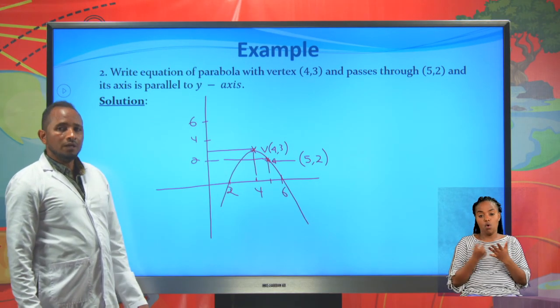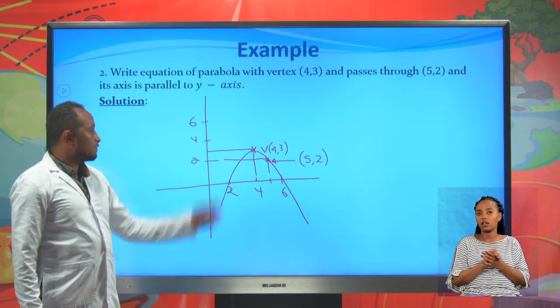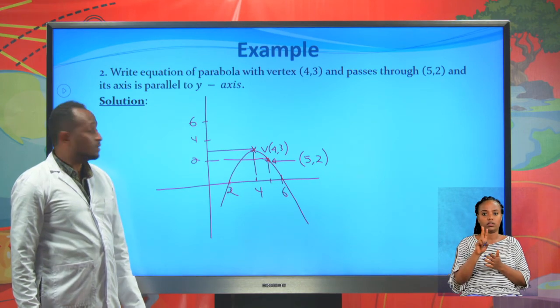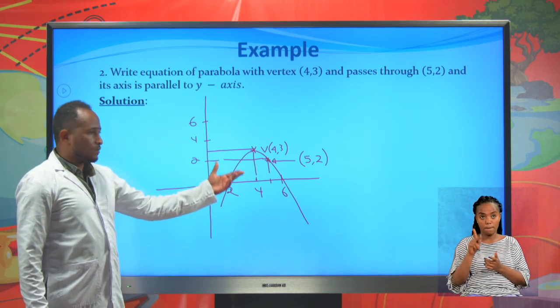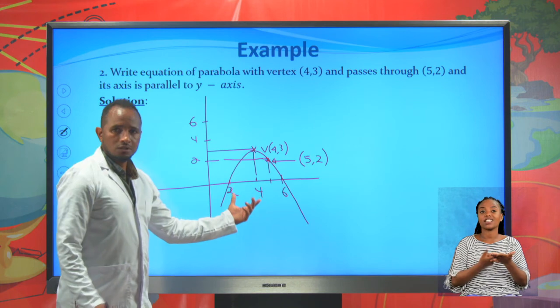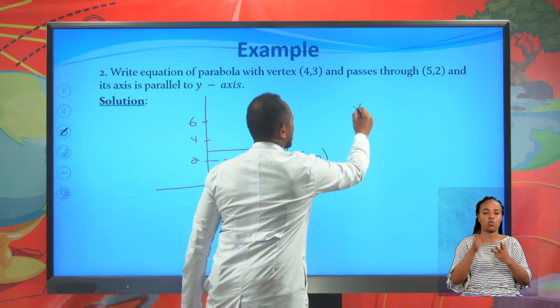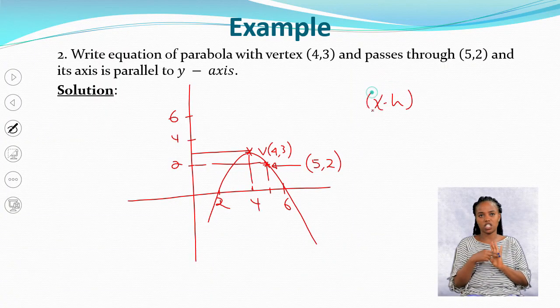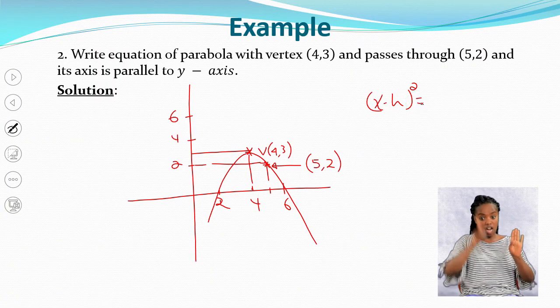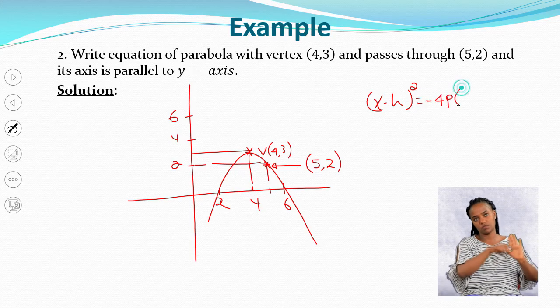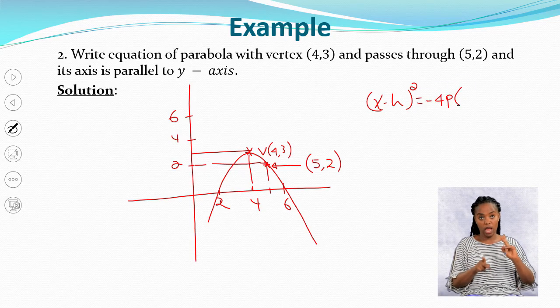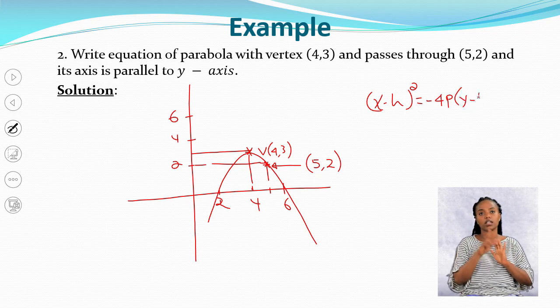So we need to find p. We have the vertex. To find p, write the equation first. Since the axis is parallel to the y-axis, it has this form: x minus h the whole squared is equal to, it opens down, so you'll have a negative here, minus 4p times y minus k.